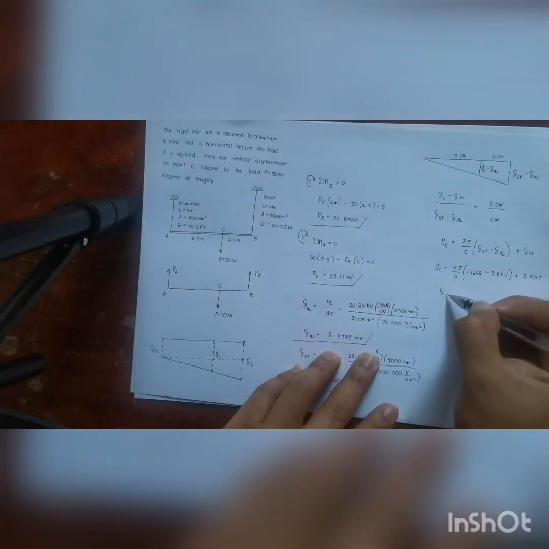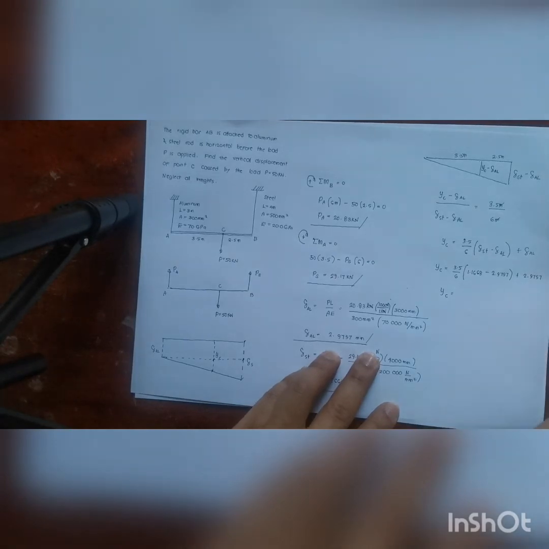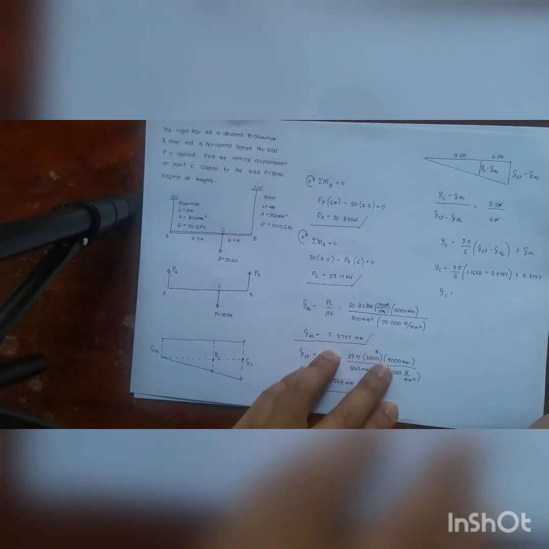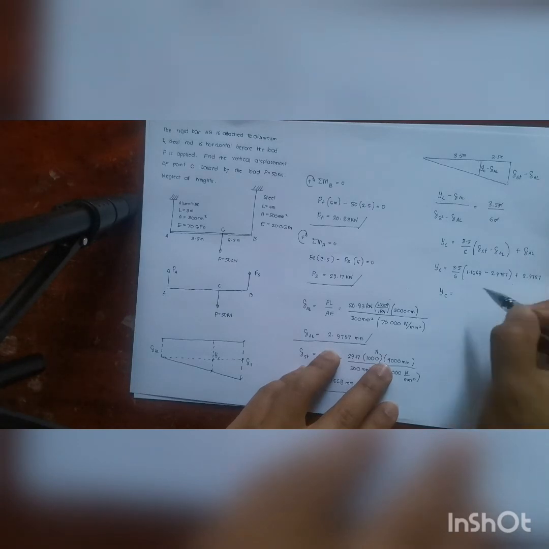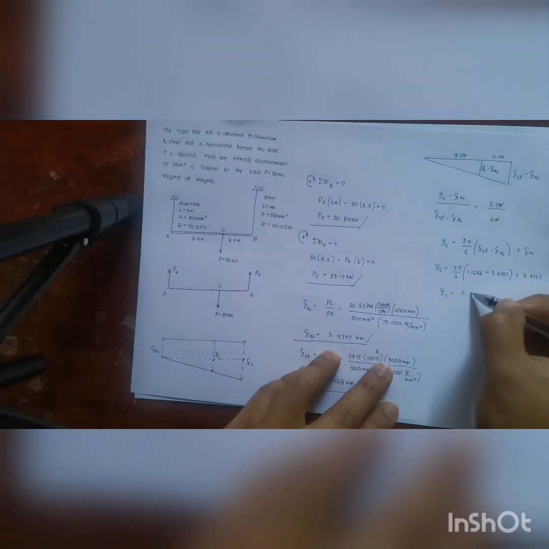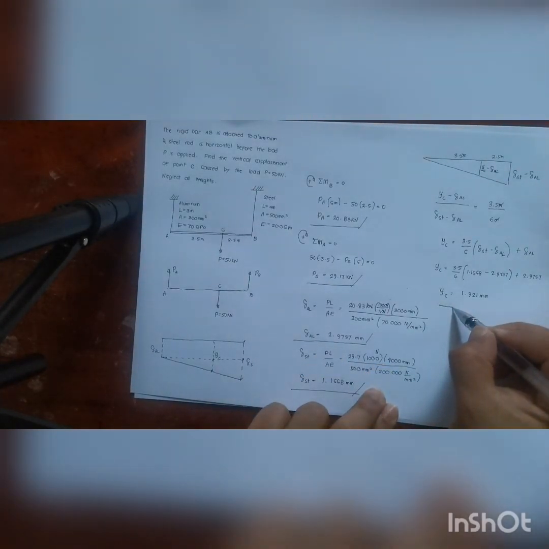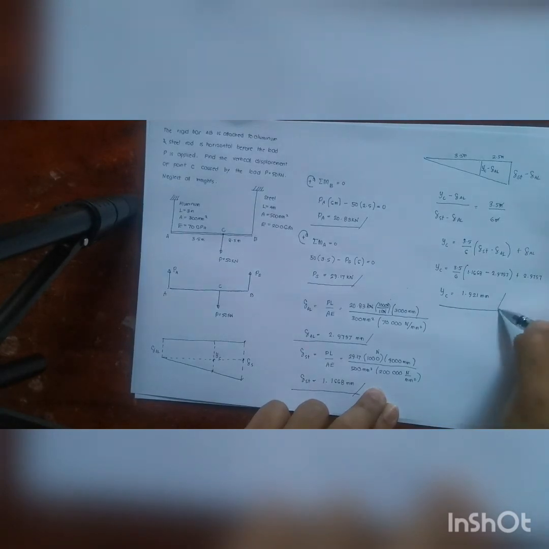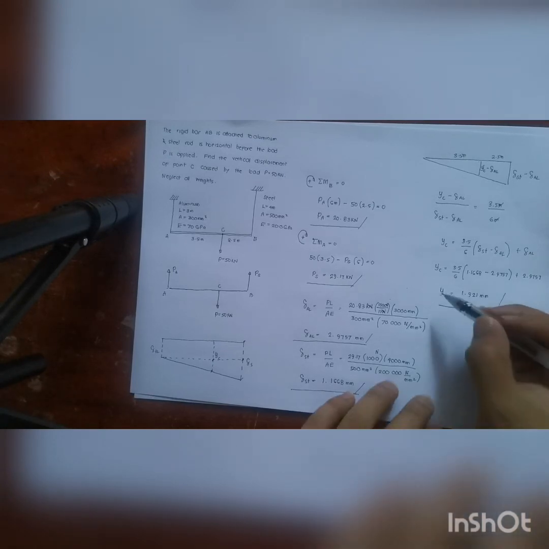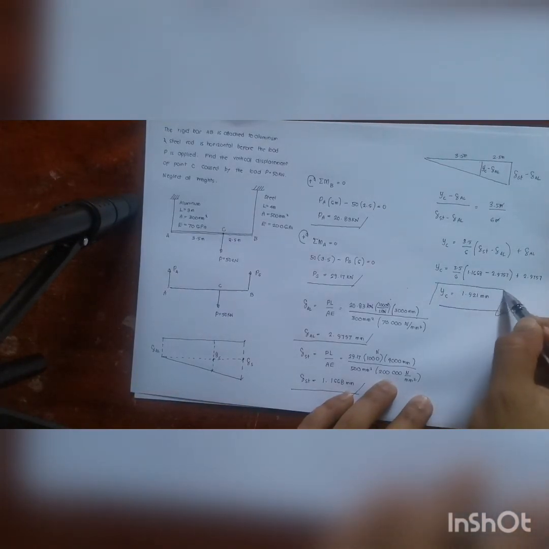Therefore, we can get the vertical displacement at C will be equivalent to 1.921 millimeters. And that will be our answer for this problem.